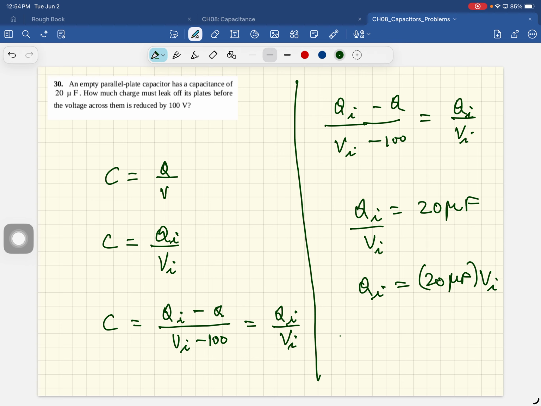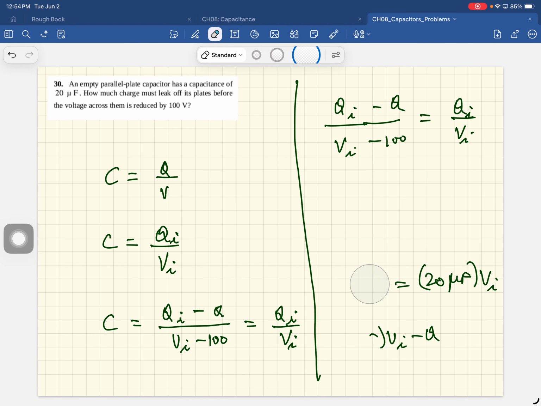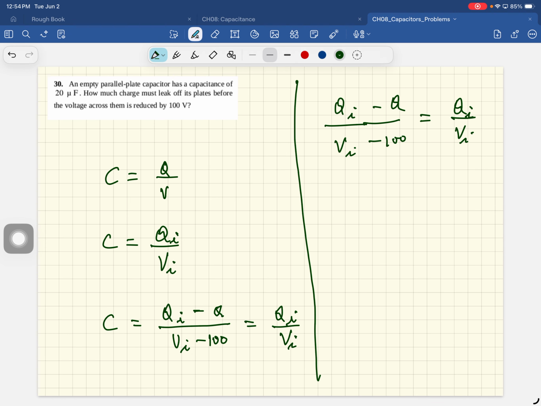You said the 100 volts as V instead of delta V. So that would work. Let's say it was initially uncharged, and you add this much charge, and you go from 0 to 100 volts. So that would work. Yeah, from 0.